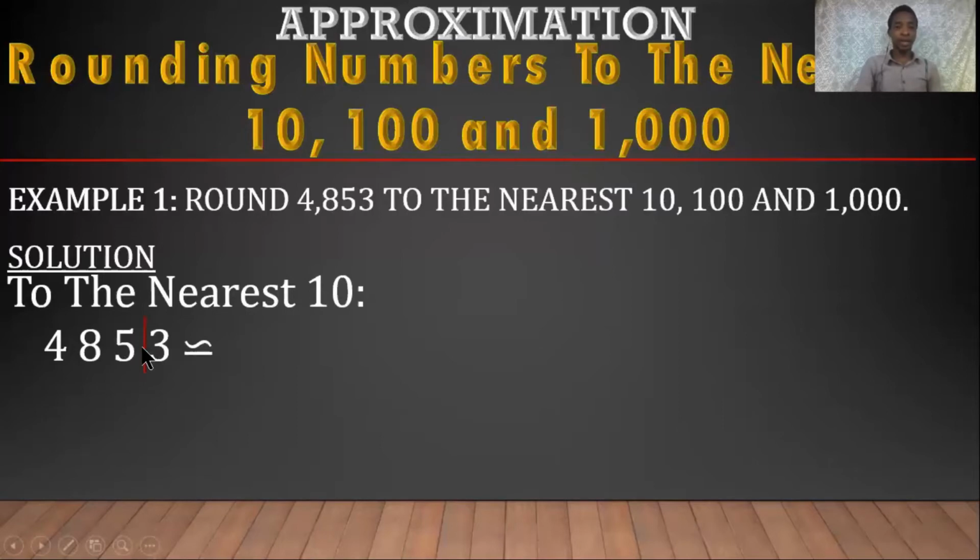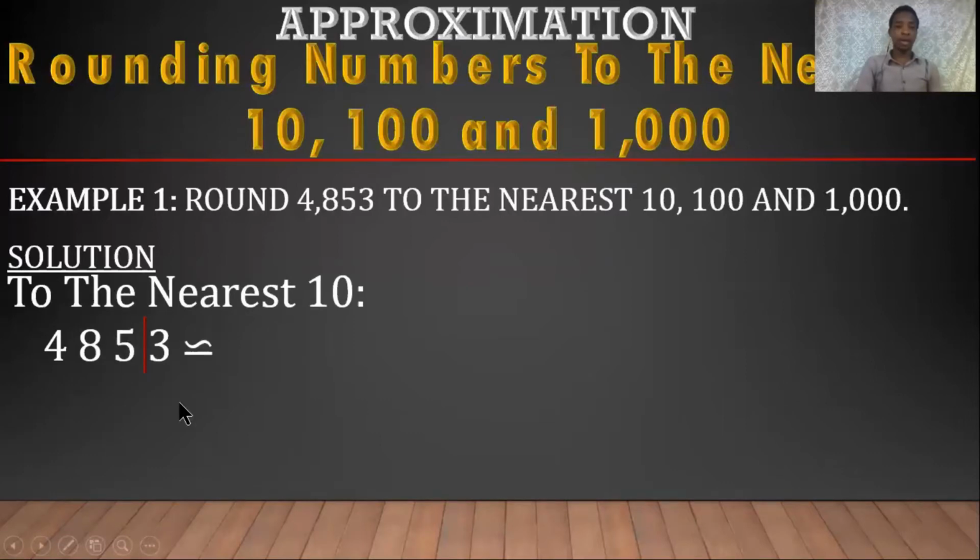The next thing is that you check the number after the line. The next number immediately after the line is what? 3. Now remember for steps 3 and 4, you check: is the number 5 or more, or is it 4 or less? 3 is definitely less than 4, so I'll be rounding down. For rounding down, you add 0 to the required place value digit.